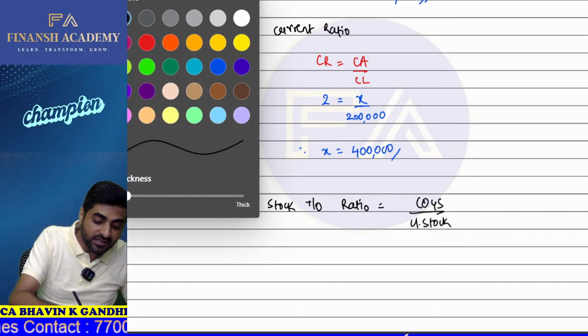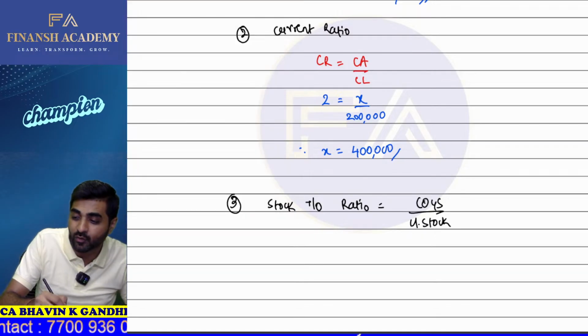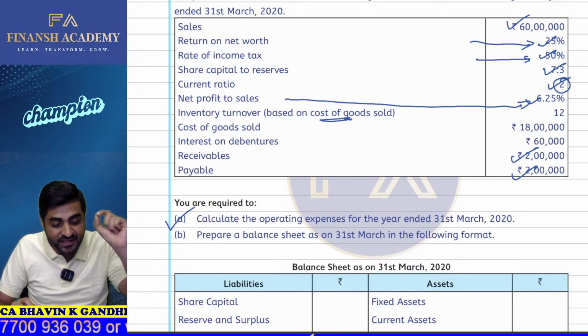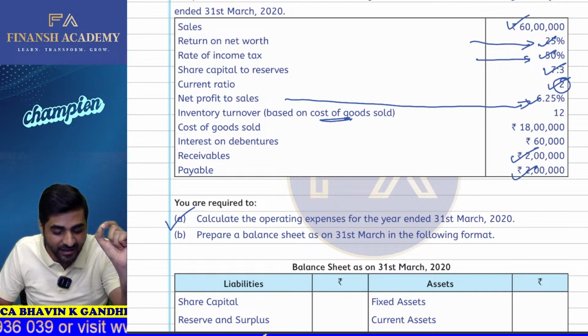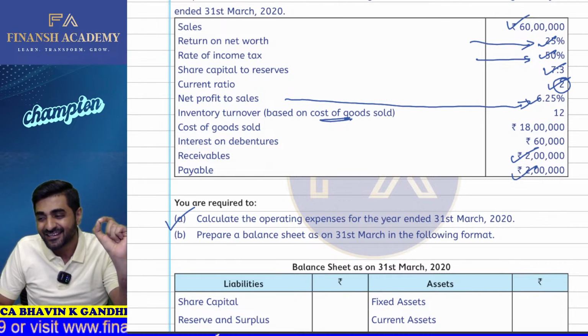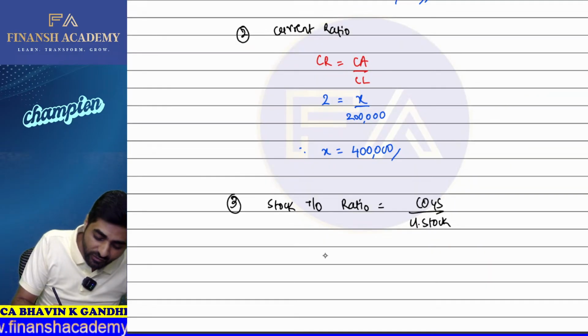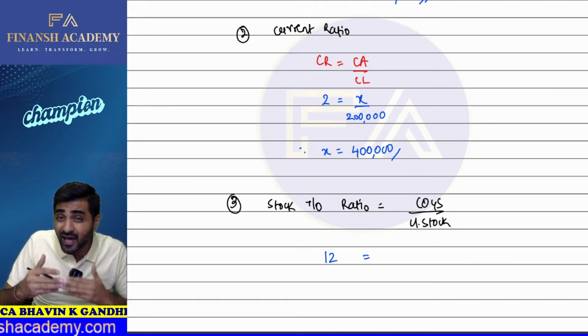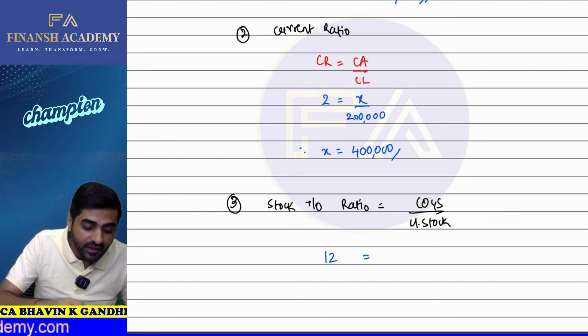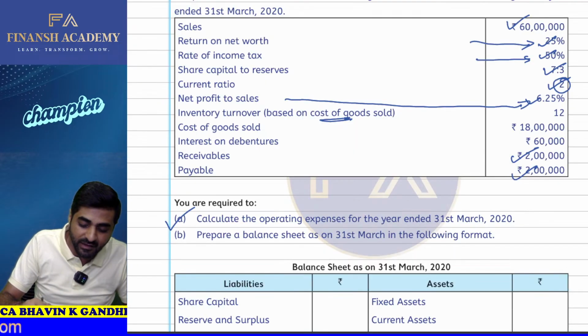And my dear students, what is the turnover ratio which they have given to you in the question? The turnover ratio which they have given to you in the question is nothing but 12 times. So we have the turnover ratio as 12 times. So I will write down here 12. What is the amount of COGS which we have? The amount of COGS which we have is nothing but 18 lakhs.